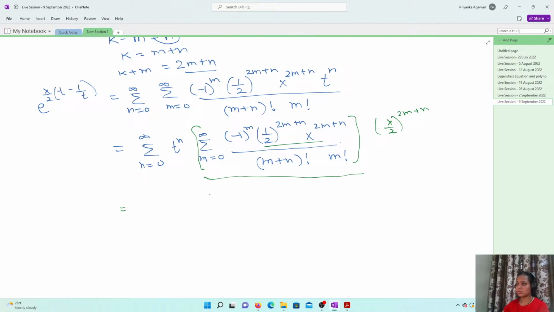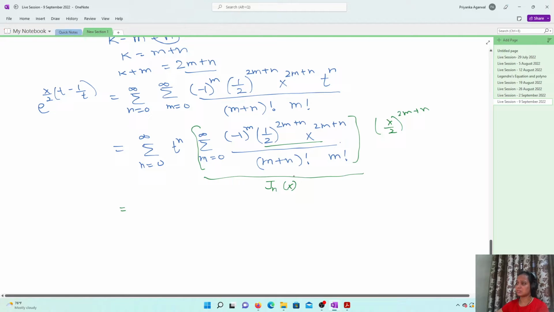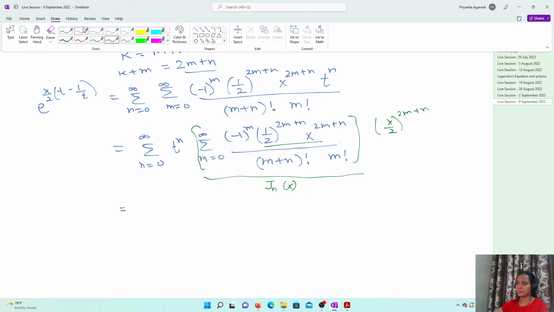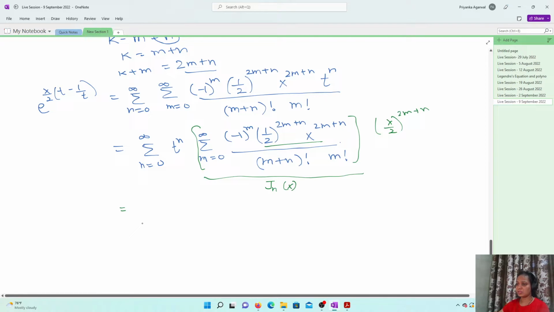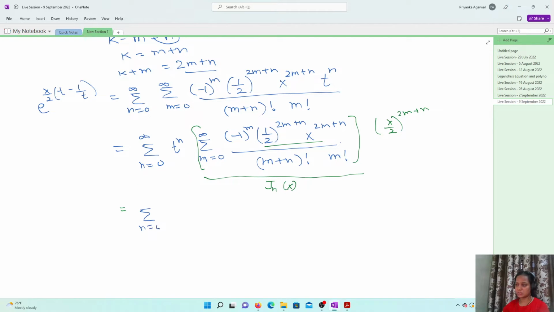So this is actually your Jn of x. So you can write this as summation n equals 0 to infinity t to the power n Jn of x. So we have seen this.